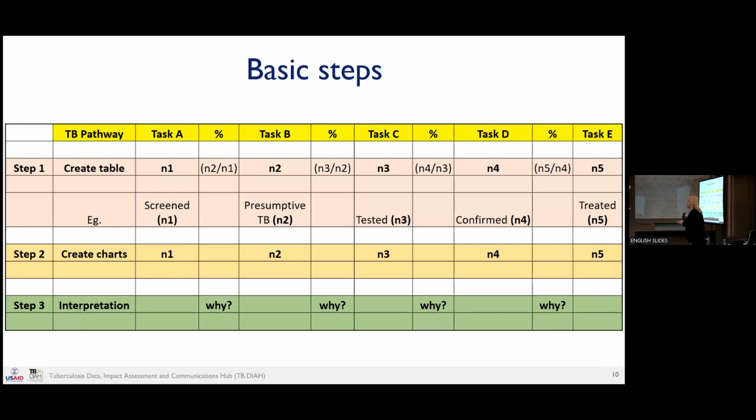Now, this is the table, as an example, and I actually distributed these materials to you. Look at the second page. This is the example from Georgia. This is real data. So the first step was to create a table for the cascade analysis.